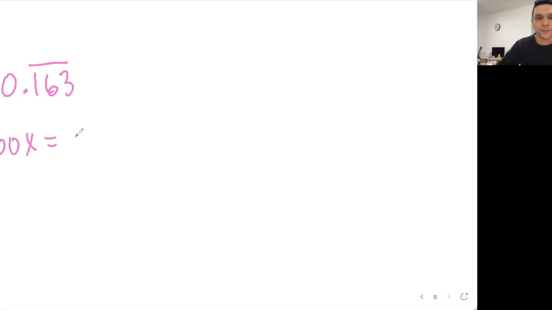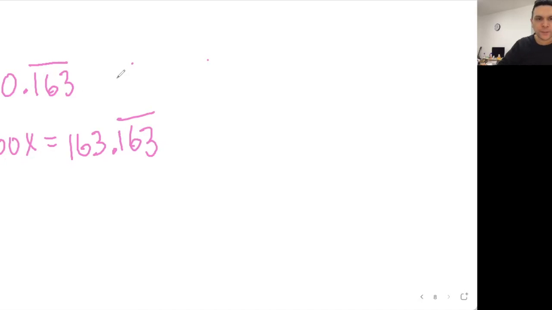If I do that, I move it 3 places and I get 163.163. So I multiplied by 1,000 and I was able to move the decimal point and isolate that repeating part.